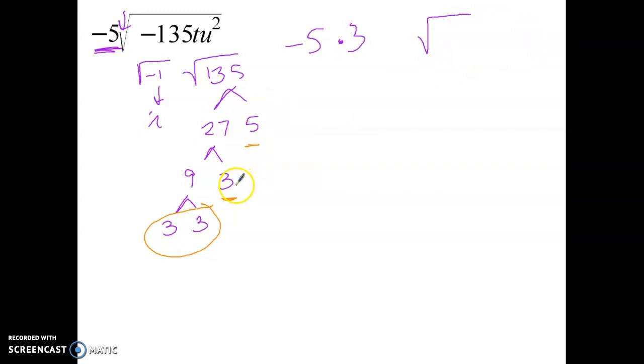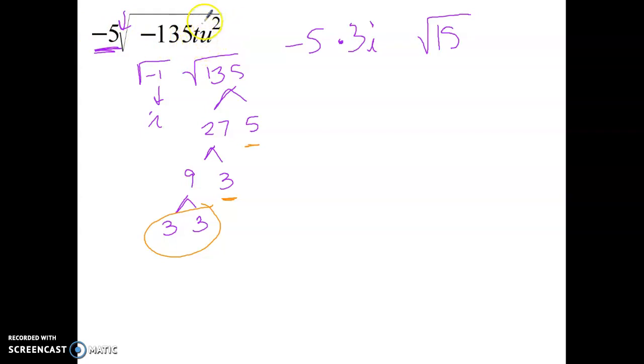Multiply those back together. 3 times 5 is 15. Oh, and I left out my i. Let's put my i in there. Right from right here, I know that I should have an i in my final answer. So my final answer is negative from this negative out here, and also has an i from this negative right here. All right, let's look at my variables.